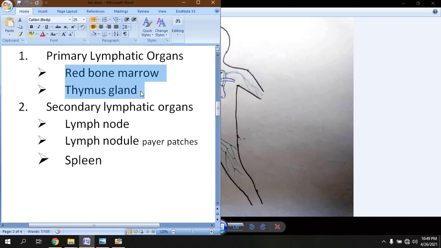So the formation and maturation of lymphocytes take place in the primary lymphatic organs, while the secondary lymphatic organs are the resident place of the lymphocytes, where the already mature immunocompetent cells are present.